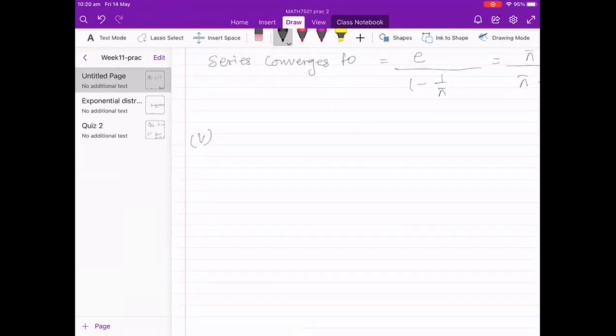Fifth one, you are asked to find the limit as x tends to infinity of x minus 2 cos of pi x plus 1 minus x.